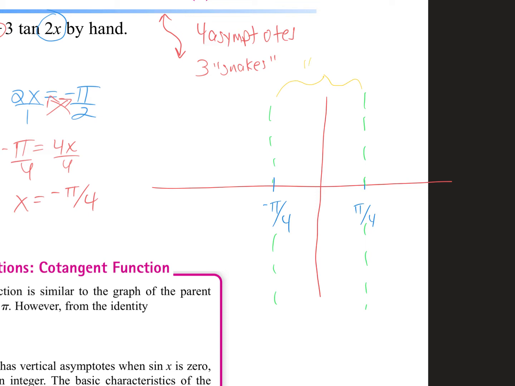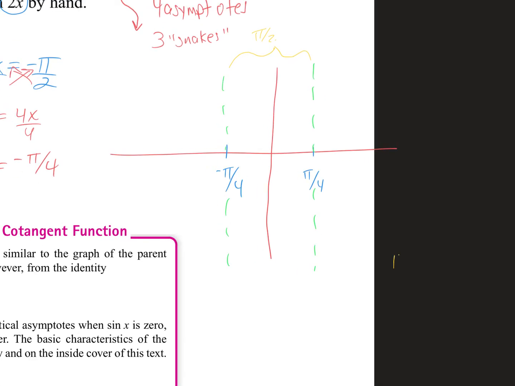So what do you have to add to each one of your asymptotes? Pi over 2. Does that make sense? So if I say pi over 4 plus pi over 2, my common denominator would be 4. This becomes a 2. So my right-hand asymptote is where? What's pi plus 2 pi? So 3 pi over 4. Okay. So I have one here at 3 pi over 4.